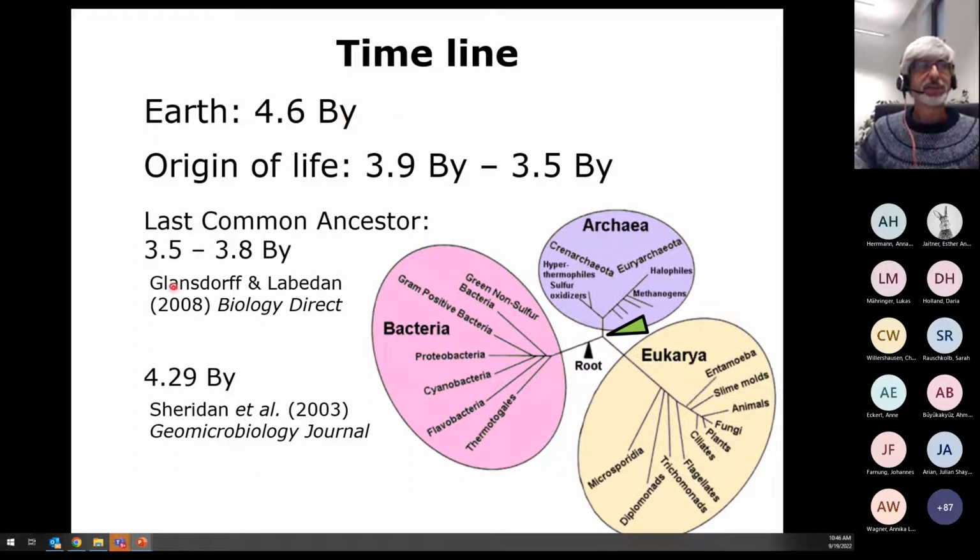But in any case, even if we take the closest age, 3.5 billion years ago, this indicates that glutamine synthetase and other proteins that are present in many, many organisms have been stably maintained in the tree of life, and this is possible because we have had, of course, many duplications of this protein in the genetic material that has been passed from organism to organism.